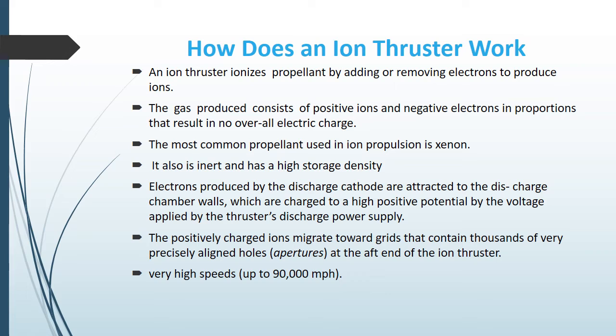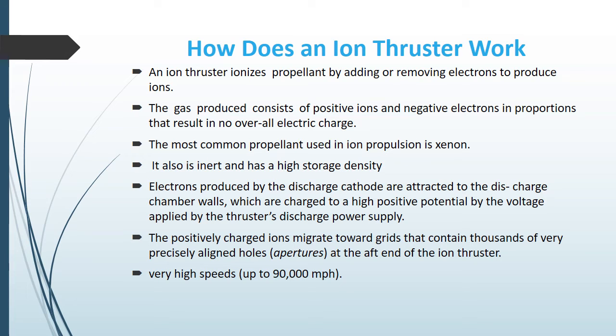These positively charged ions migrate toward the grid that contains thousands of very precisely aligned holes. At the aft end of the ion thruster, the first grid is positively charged, the screen grid.